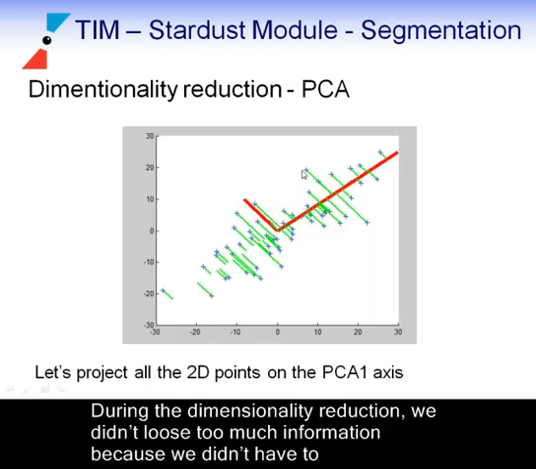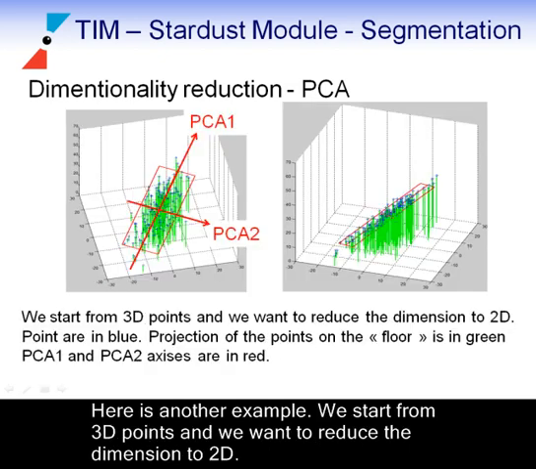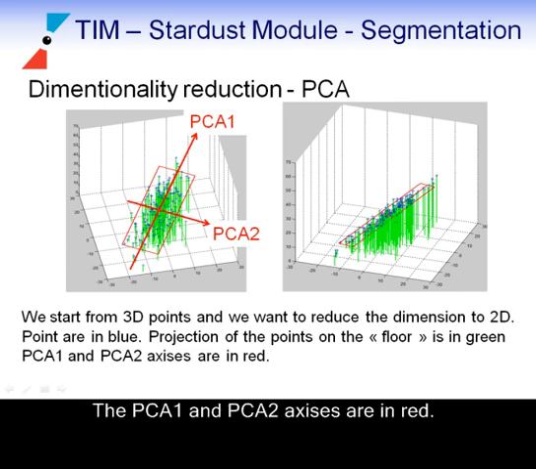During the dimensionality reduction, we didn't lose too much information because we didn't have to move the points too much during the projection. In other words, the green lines here are short. Here is another example. We start from 3D points and we want to reduce the dimension to 2D. The points in 3D are in blue. The projection of the points on the floor are represented with green lines. The PCA1 and PCA2 axes are in red.